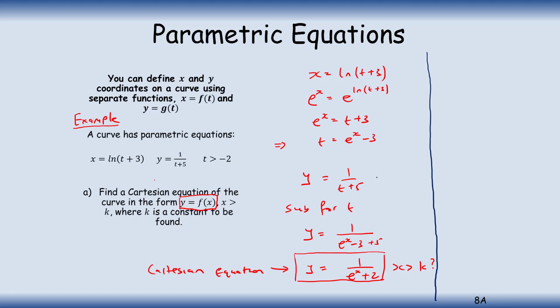What's k? Now in the limit, it tells us that t is greater than minus 2. Okay, so if t is greater than minus 2 and you've got x is equal to the log of t plus 3, if we sub it in, sub for t, let's just write in the limit then.